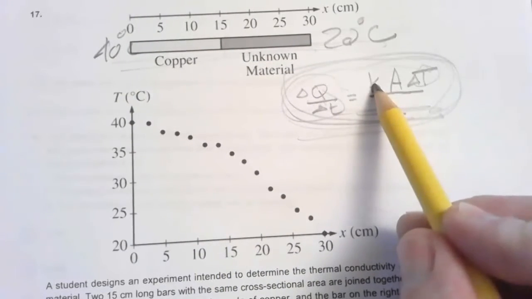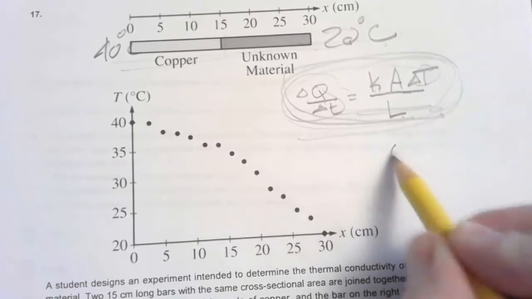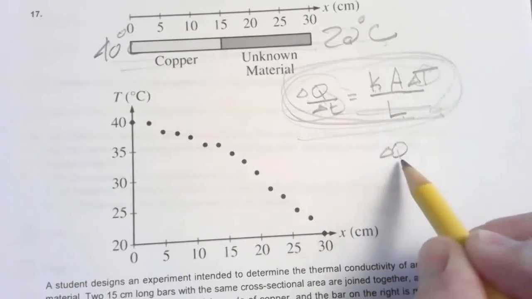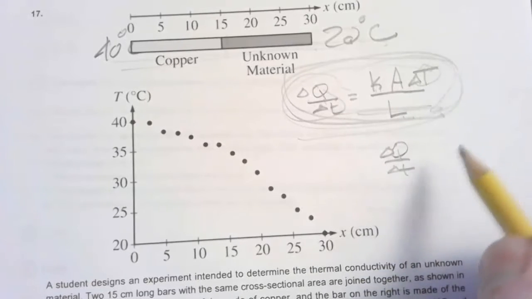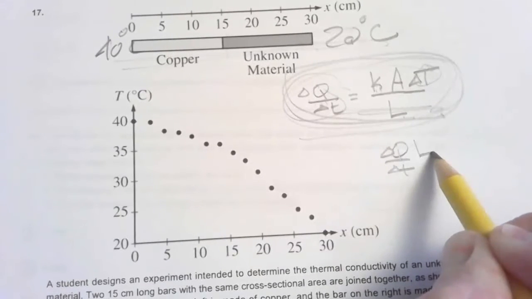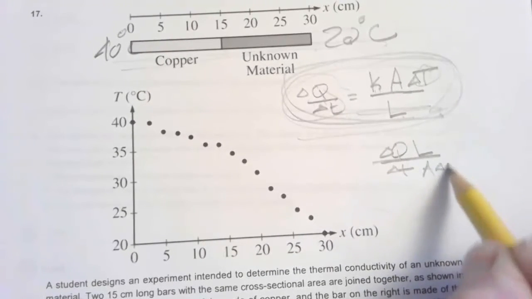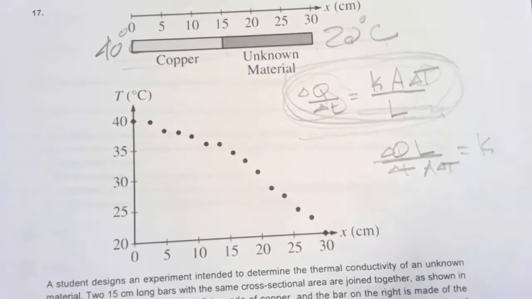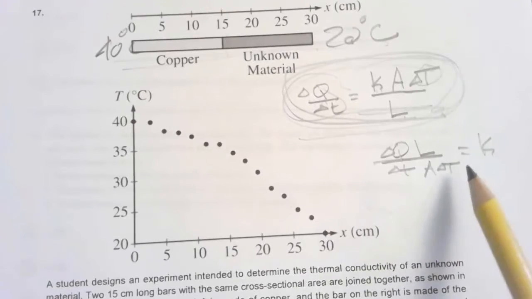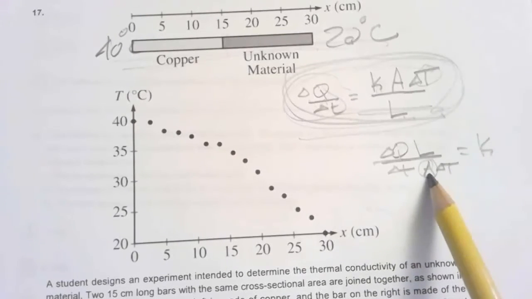Unless, what if we solve each one? What if we solve this for K? Delta Q over delta t, times L, divided by A and delta T, equals K. Cross-sectional areas are the same.